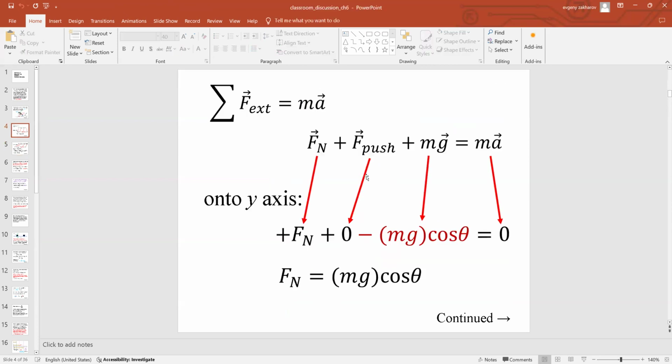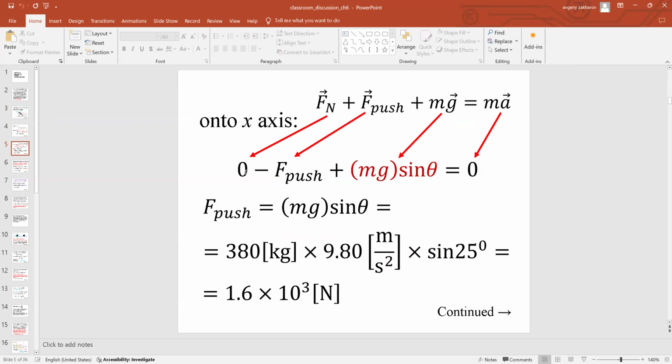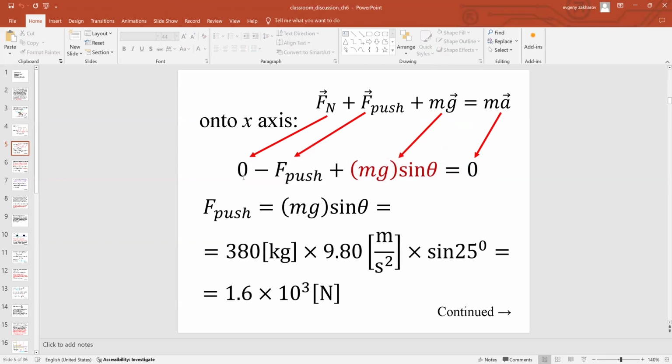Normal force, let's take a look at the normal force. Normal force is perpendicular to x-axis. And if it's perpendicular, the component is 0. So if a vector is perpendicular, then component on that axis is 0. That's exactly what you see in this equation. So 0, take away the negative push.